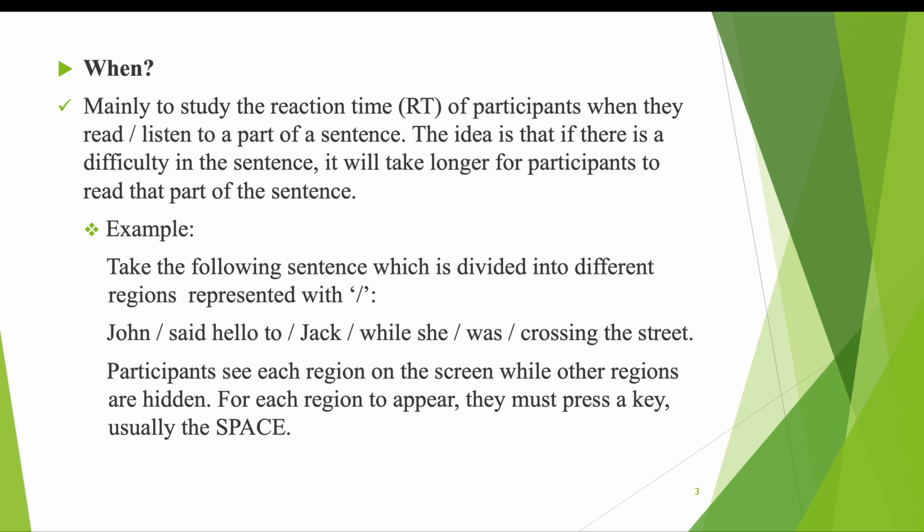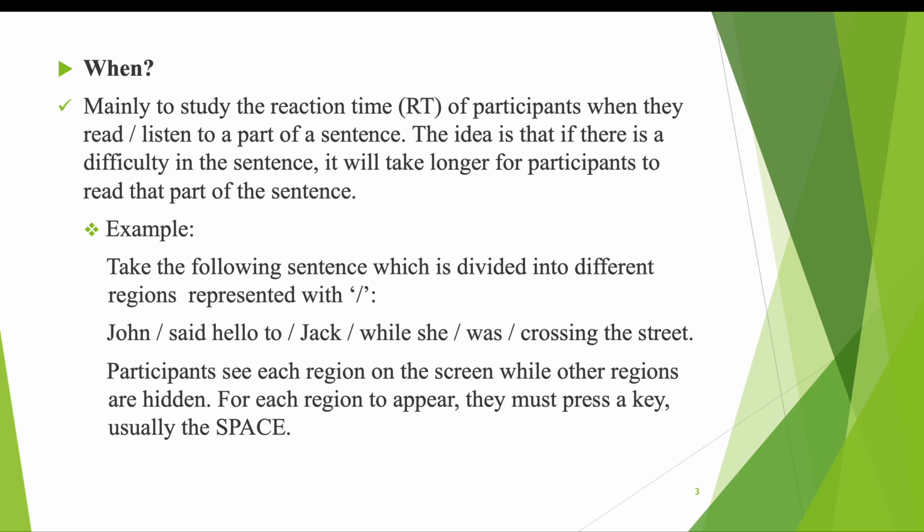So this sentence, as you can see, is divided into different regions, which are represented with slashes. So John is the first region, said hello to is the second region, so on and so forth. And the way it works is that participants see each region on the screen.